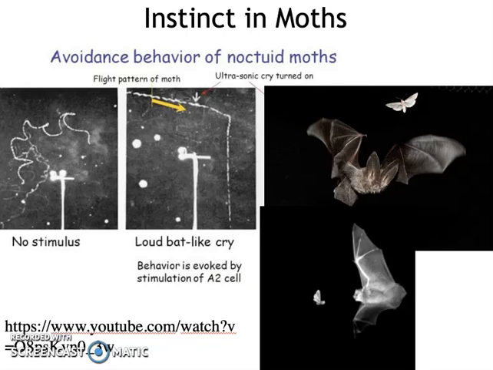The neurons in the ears detect the sensation picked up by the ears and send the signal to the brain, where a separate set of neurons then send the signal from the brain to the wings to generate an erratic flight pattern. All of these different anatomical components are required for this behavior, and that's the proximate cause.